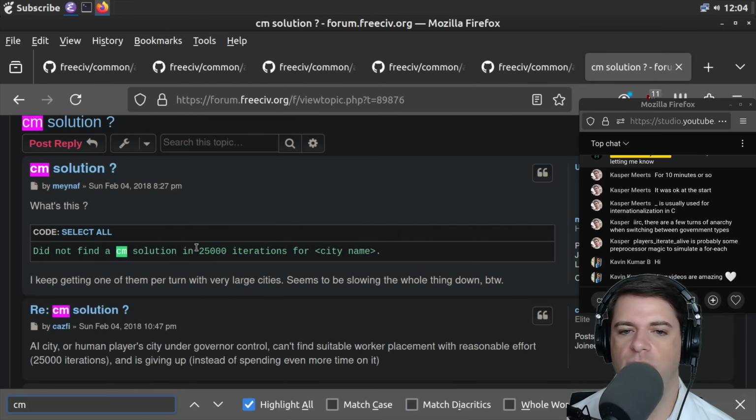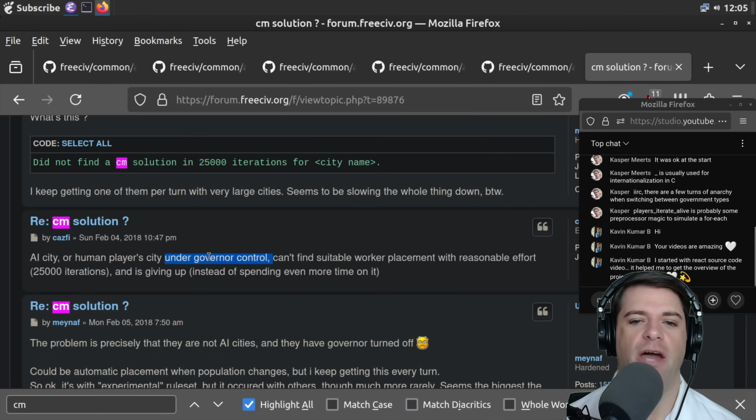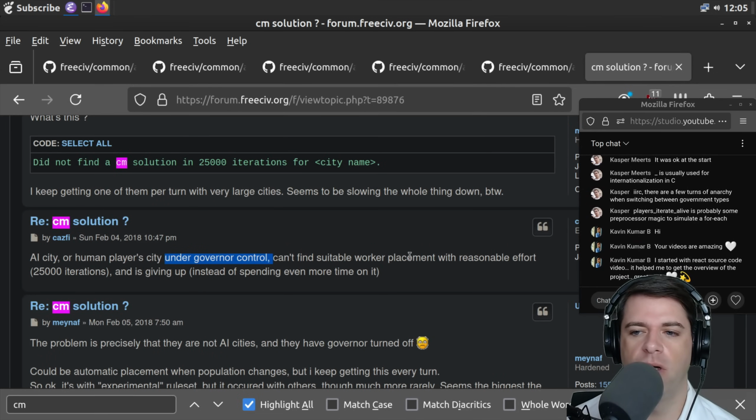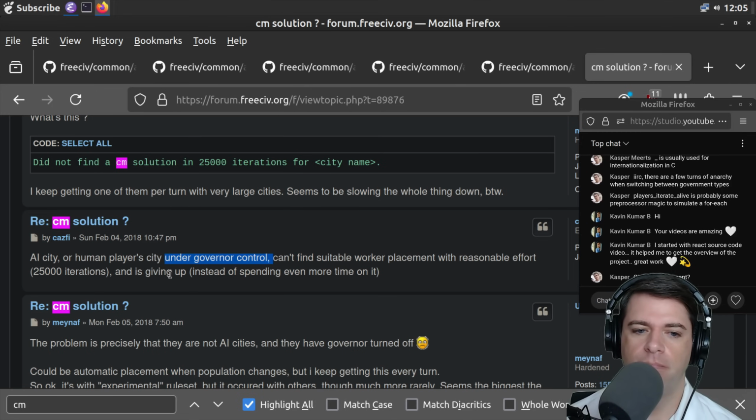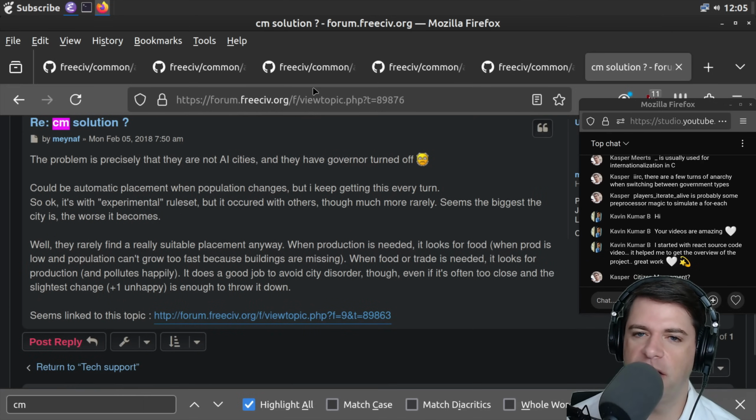Did not find a CM solution in 25,000 iterations for a city name. AI city or human player city under governor control can find a suitable worker placement with reasonable effort. City management, maybe? Citizen management? Yeah, I think maybe M is management.